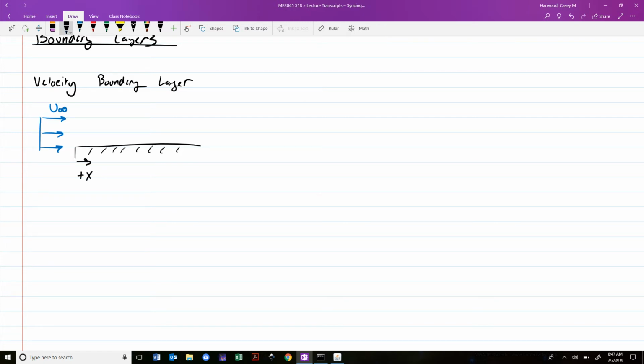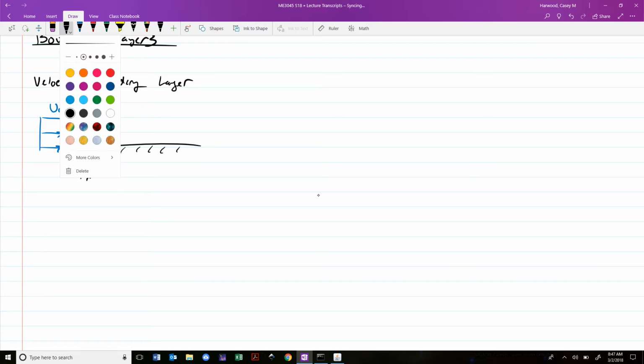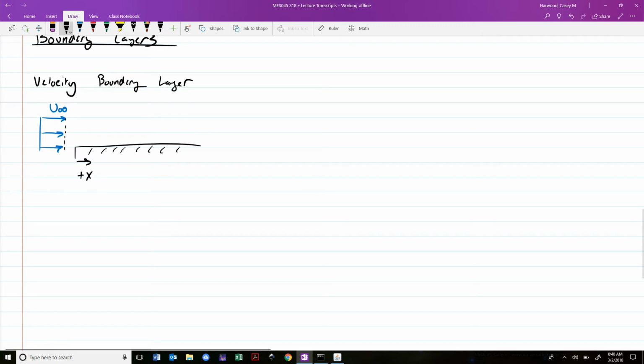We'll say that x equals 0 is located at the upstream edge of this surface, or this flat plate. And what occurs, right, is as this fluid encounters this plate, the fluid immediately adjacent to the plate is going to stop.